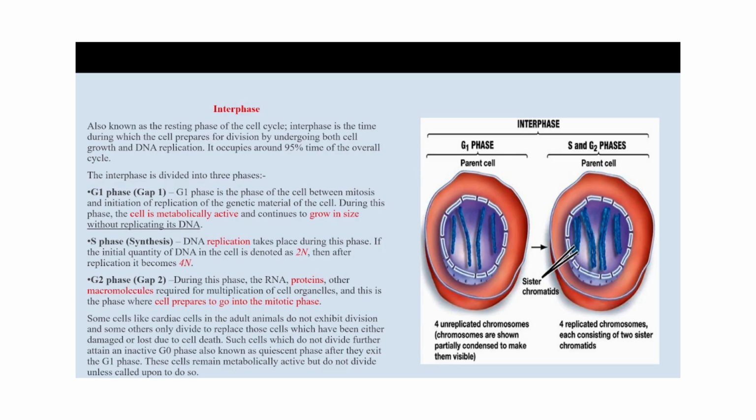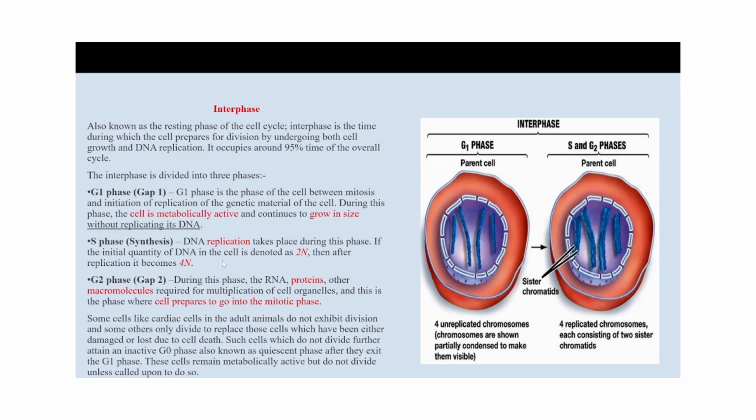As we already discussed, interphase is divided into three subphases. So what is G1 phase? In this phase, the cell is metabolically active and the size of the cell will increase, but no replication will occur in G1 phase.